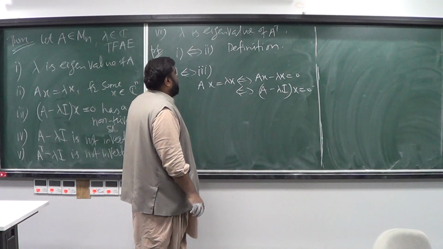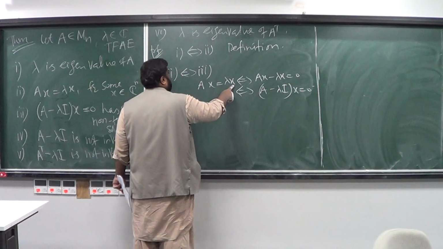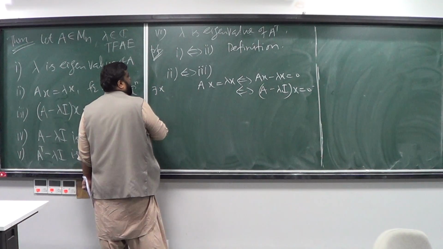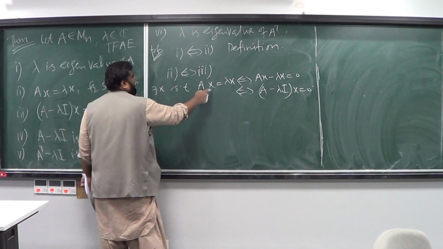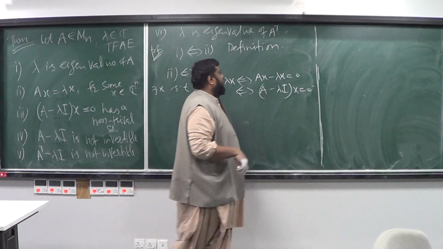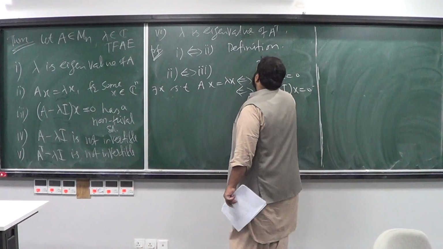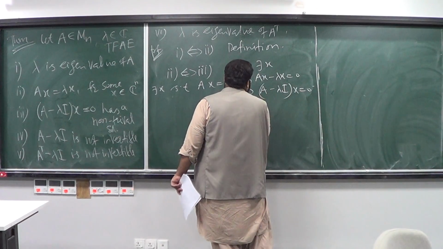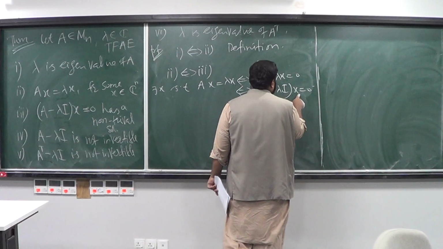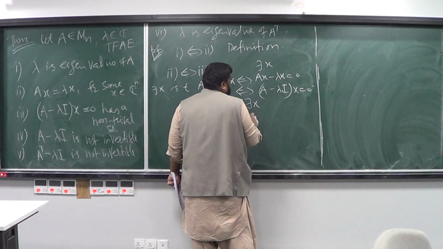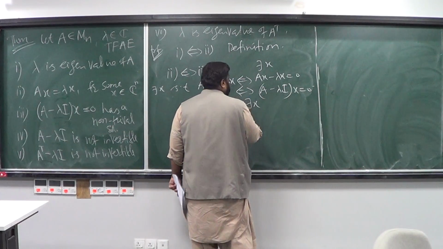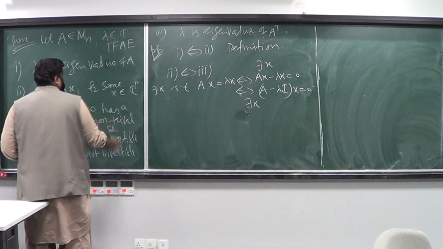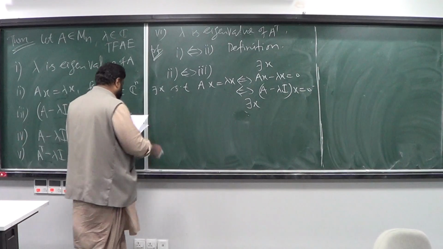So if there exists an x in Cn such that Ax equals lambda x, this is true if and only if there exists x such that Ax minus lambda x is 0, if and only if there exists x such that A minus lambda I x equals 0, and this means that A minus lambda I x equals 0 has a non-trivial solution. So this is really the restatement of statement number 2. So 2 and 3 are equivalent.